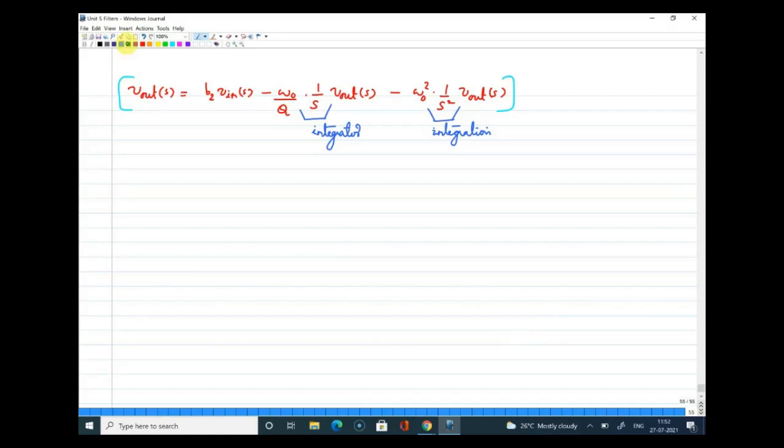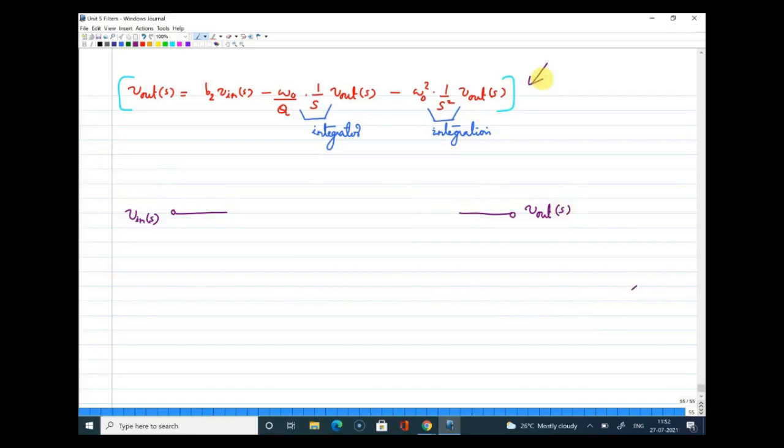So what I will do is, we have input at this point, say V in of S. I want to bring out the relationship between this input and output through this expression, right? So what is V out of S?